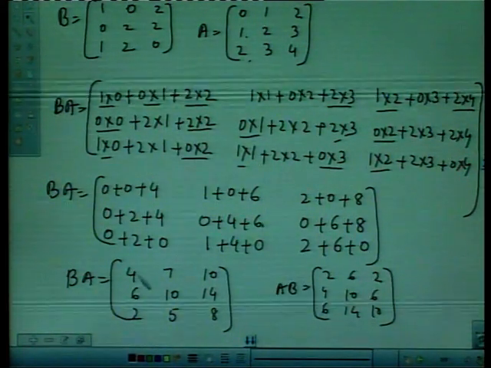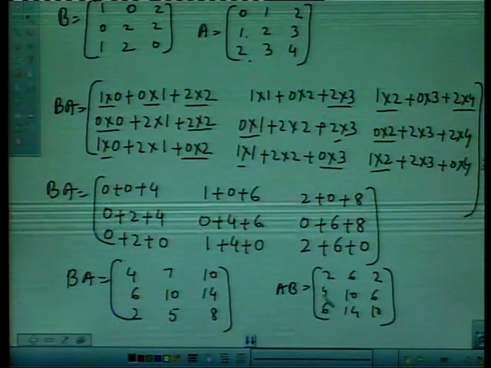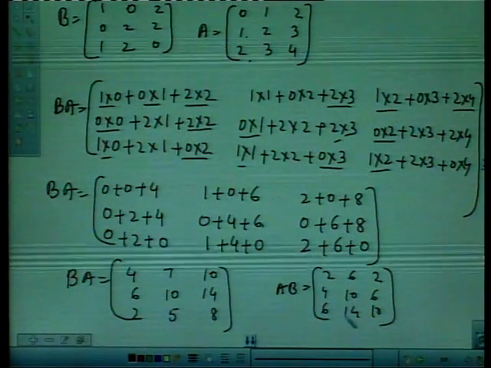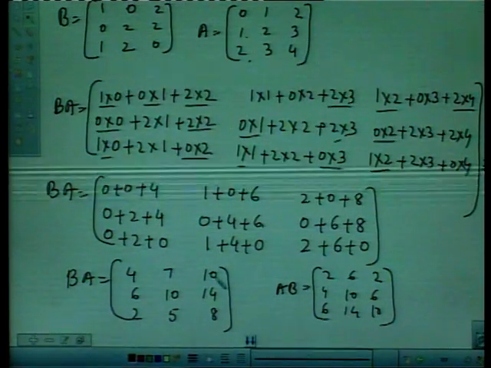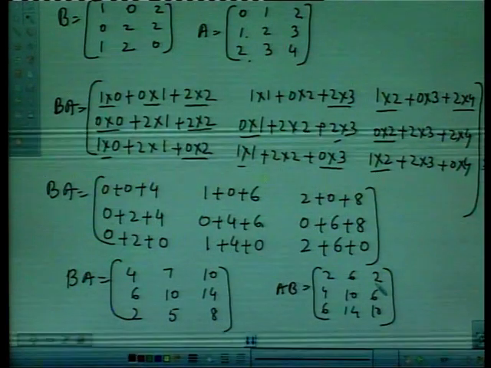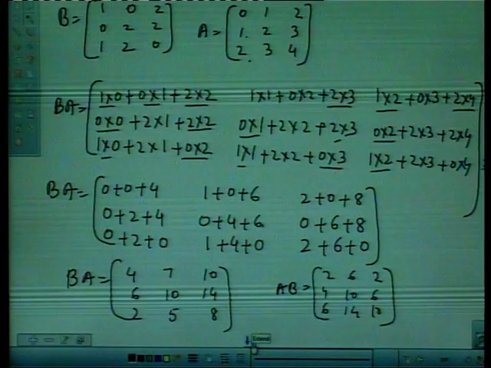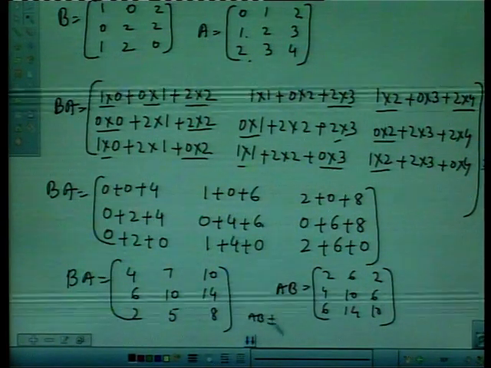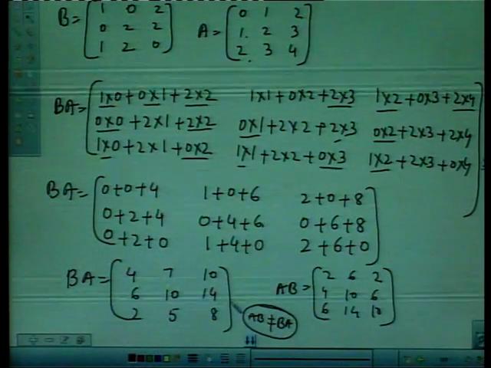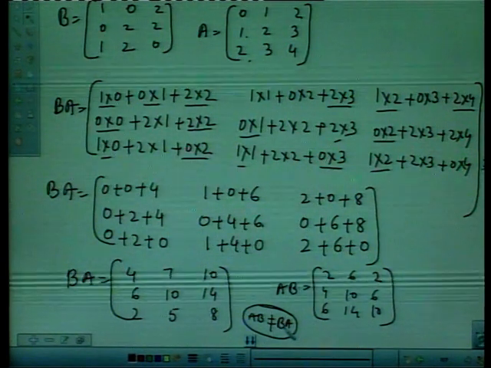Elements of BA are 4 6 2 and elements of AB are 2 4 6, and second column here 7 10 5, here 6 10 14, and in the third column in BA is 10 14 8, and here is 2 6 and 10. So the product AB is not equal to BA, not always, but sometimes it can be equal.